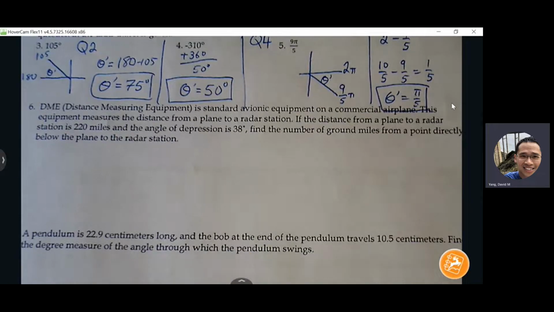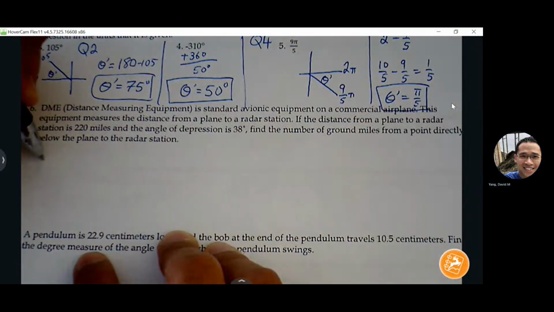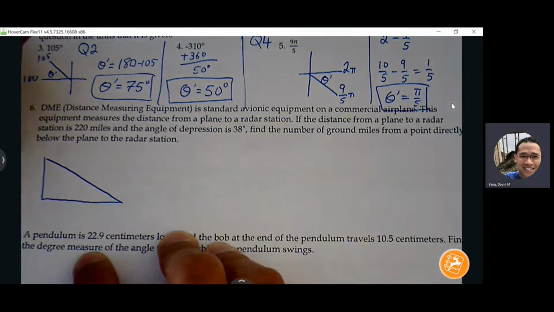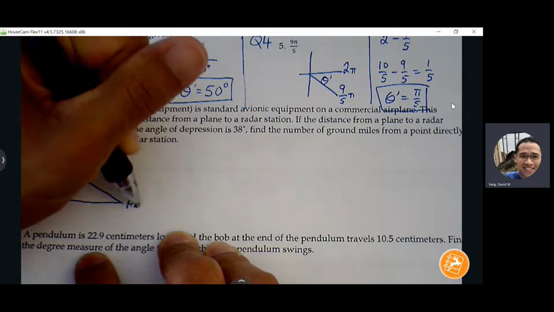This equipment measures distance from a plane to a radar station. If the distance from the plane to a radar station is 220 miles and the angle of depression is 38 degrees, find the number of ground miles from the point directly below the plane to the radar station. So I'm going to draw a triangle here. We have the plane, the radar station.